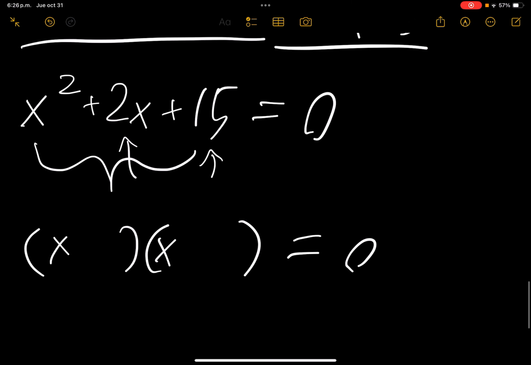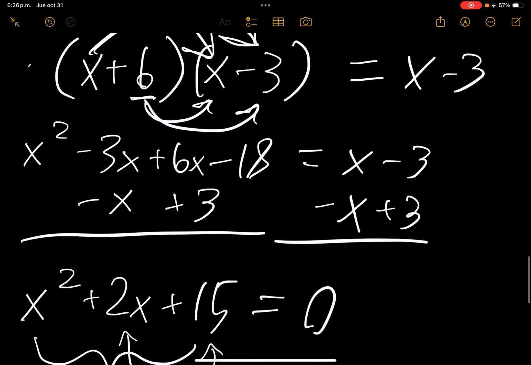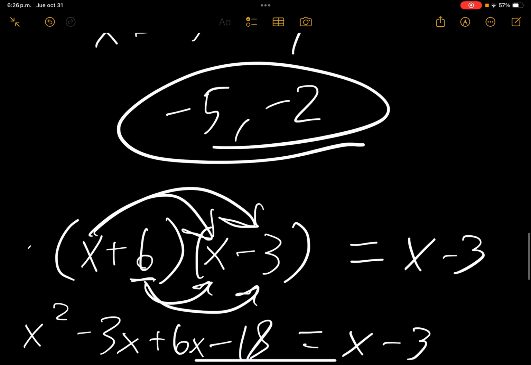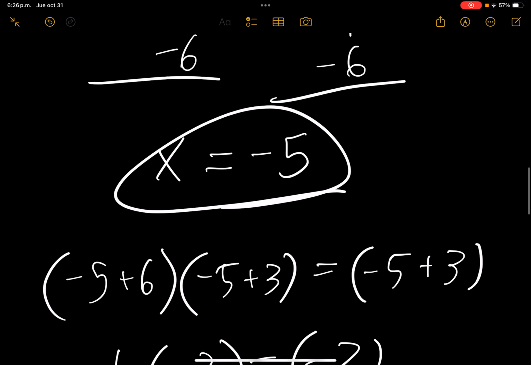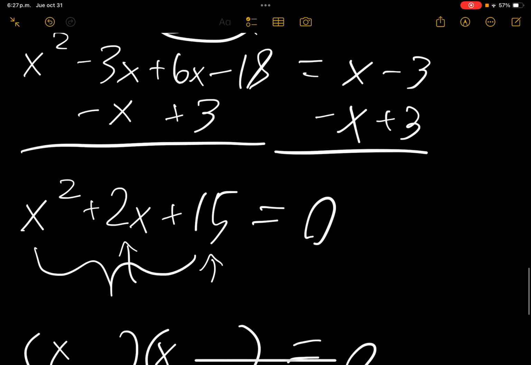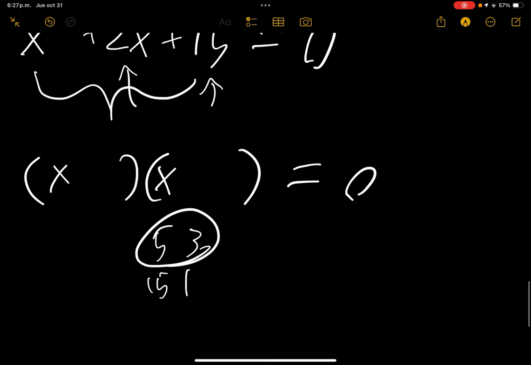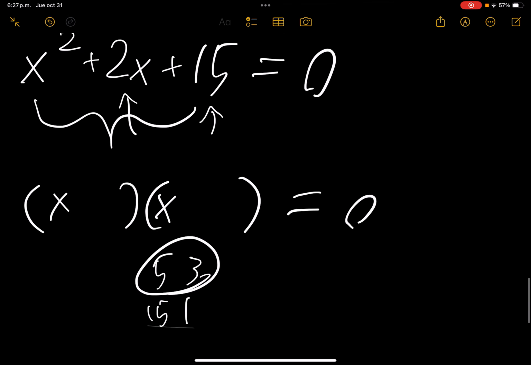All right, so factors of 15. Negative 5 and 3. Oh, yeah, those are it. All right, my brain is tired. Factors of 15 are 5 and 3, 15 and 1. 5 and 3 are clearly going to be the better option.